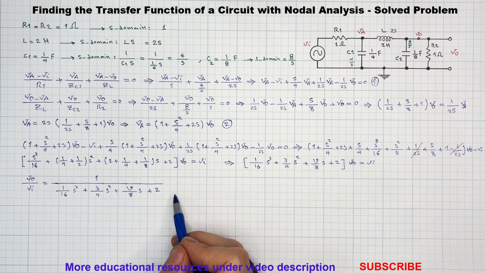To simplify, we multiply numerator and denominator by 16.